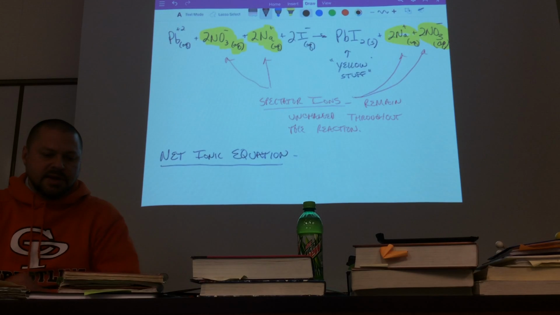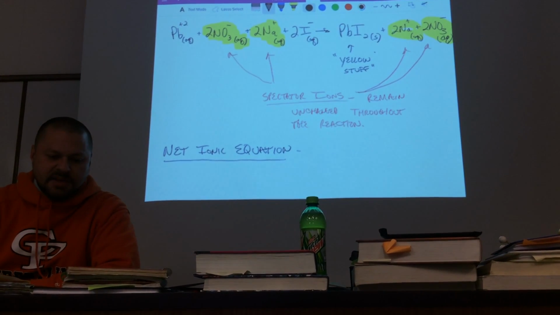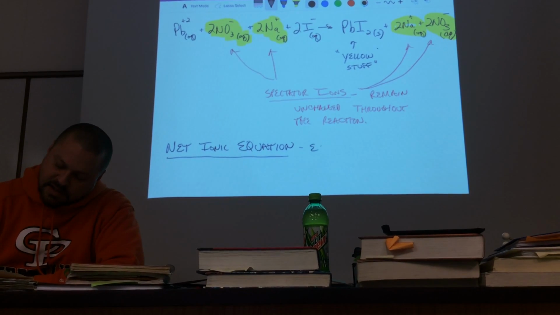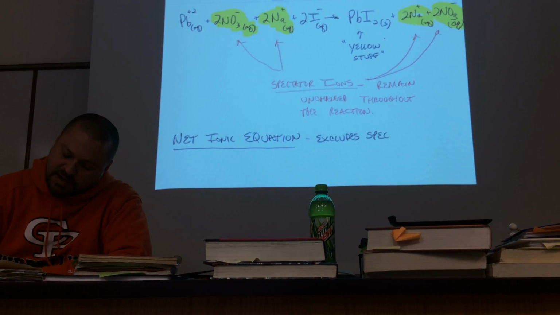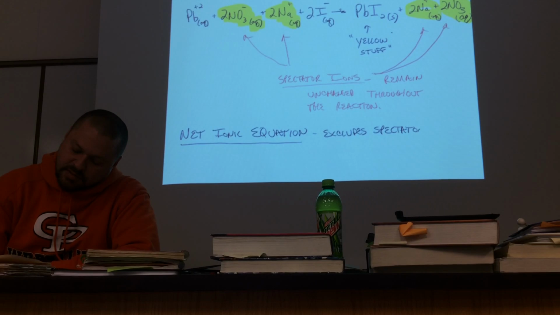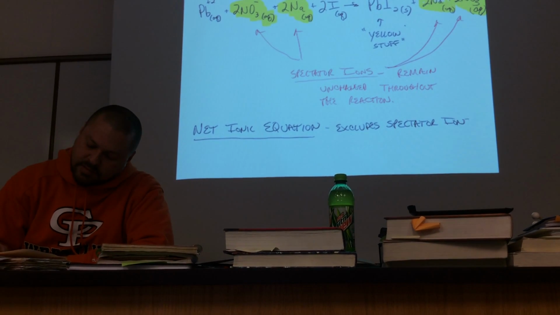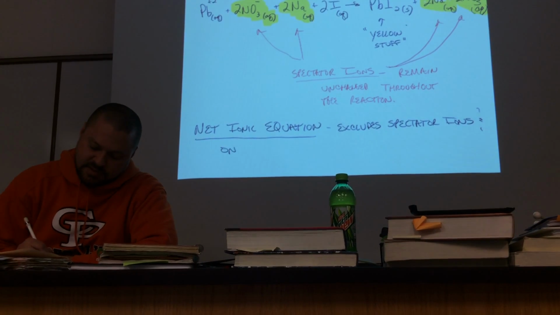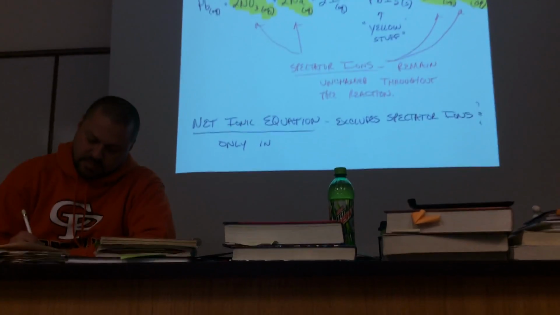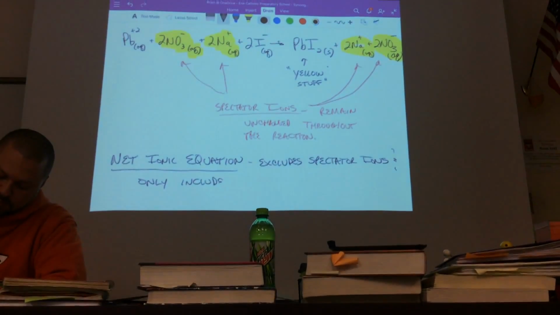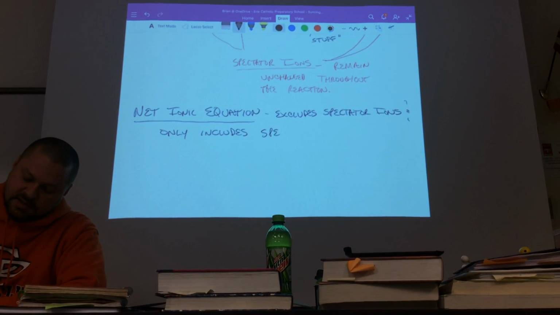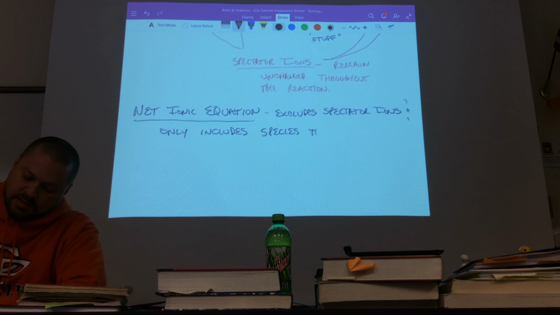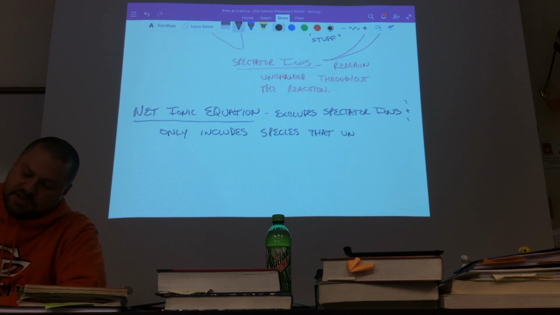In our net ionic equation, it excludes spectator ions and only includes species that undergo change.